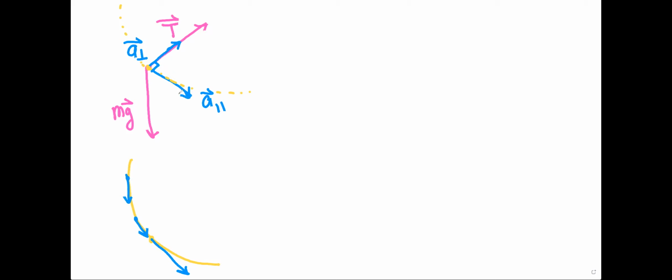The problem I have though is I thought the velocity was only in that direction. Yeah, so that's exactly true. The velocity is basically in the direction of his path, right? So the velocity is in the direction of A parallel.